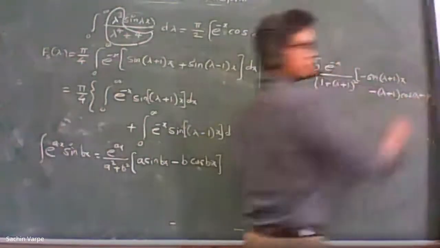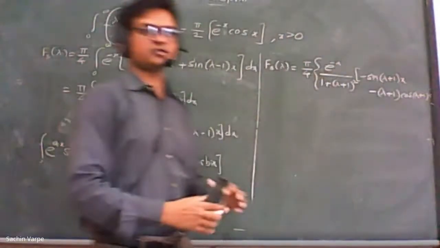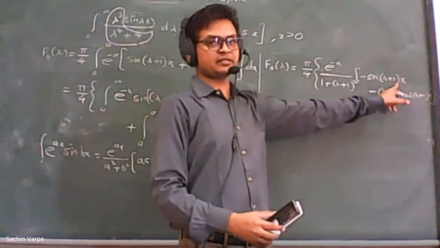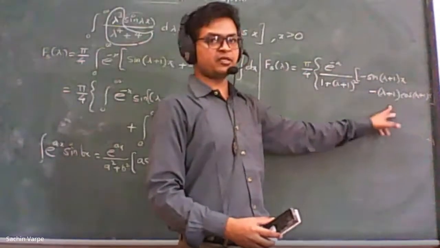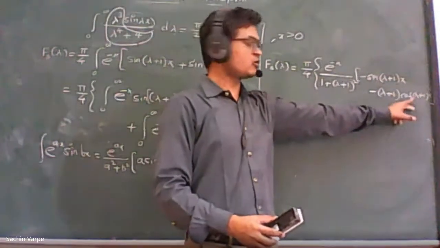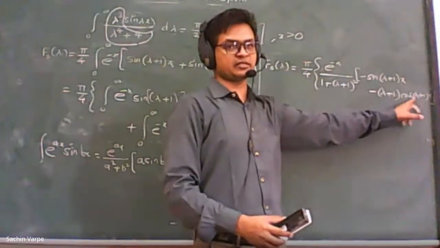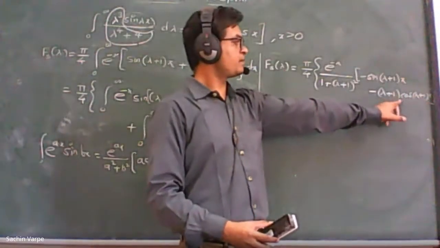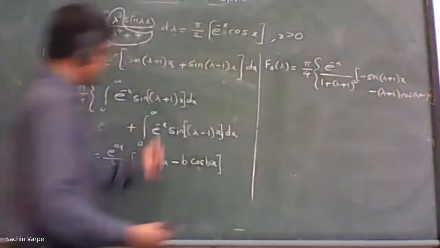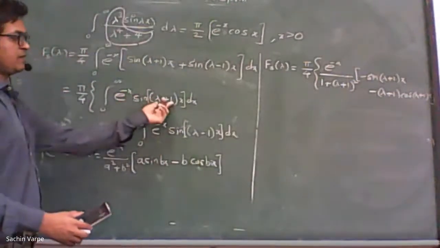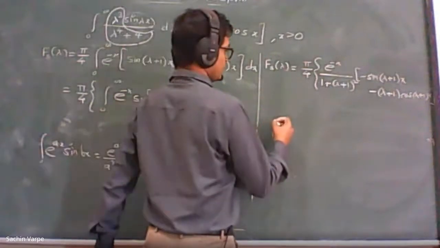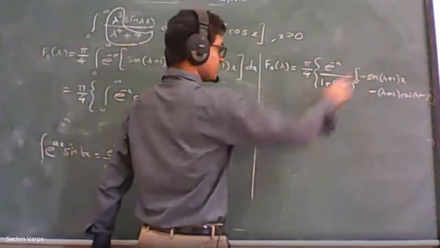Integration from 0 to infinity. Please check, I have no space here. But see, a sine bx minus b cos bx, here cos of lambda plus 1 x it is. Please note this, where a is minus 1 and b is lambda plus 1, and integration from 0 to infinity.